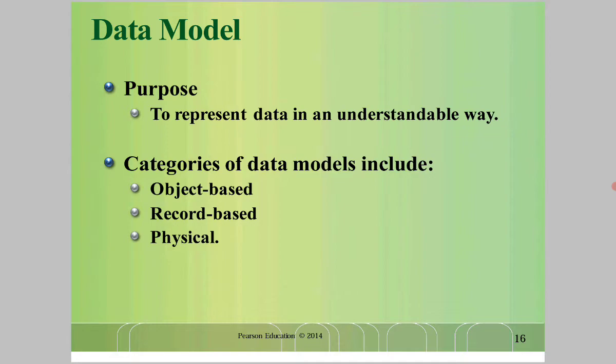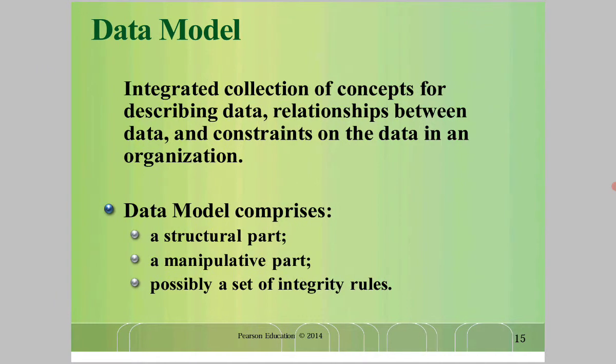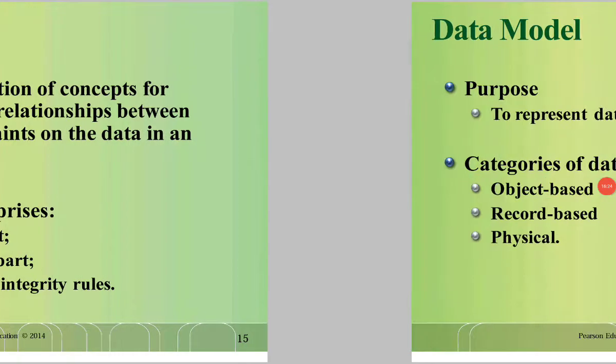To represent data in an understandable way by using tools, diagrams, graphs, pictures, and similarly tables. A data model generally contains the structural part, meaning database structures and table structures, and integrity rules. Integrity rules means some constraints or conditions.